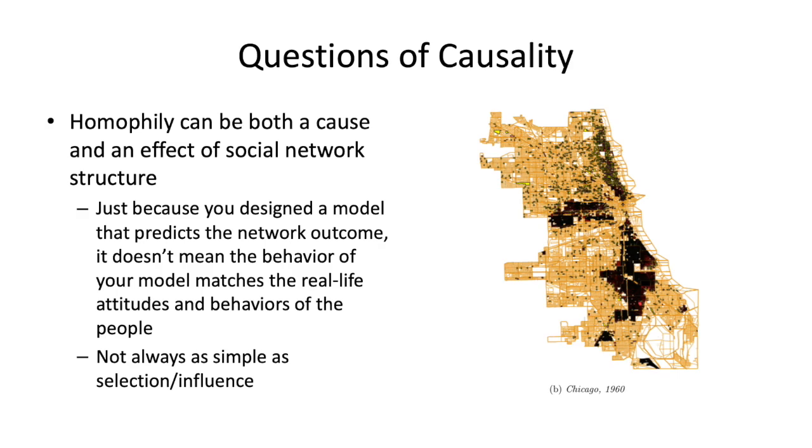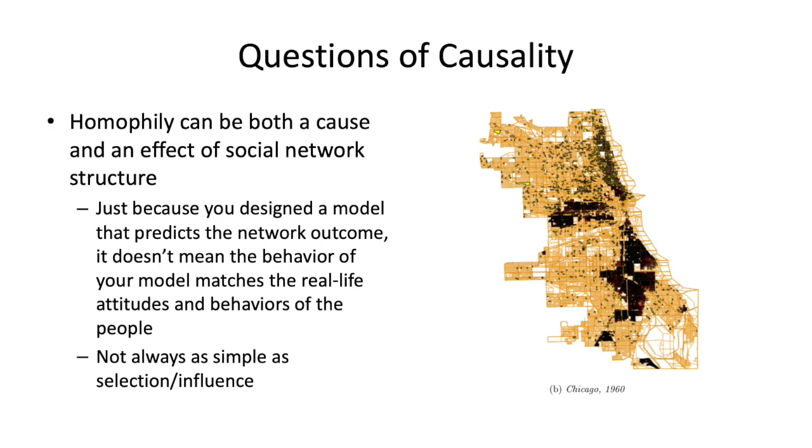If you ran the model with just that, you would probably get the same result. My point here is, as a researcher, you need to make sure you're not stumbling over the cause and the effect in your modeling.